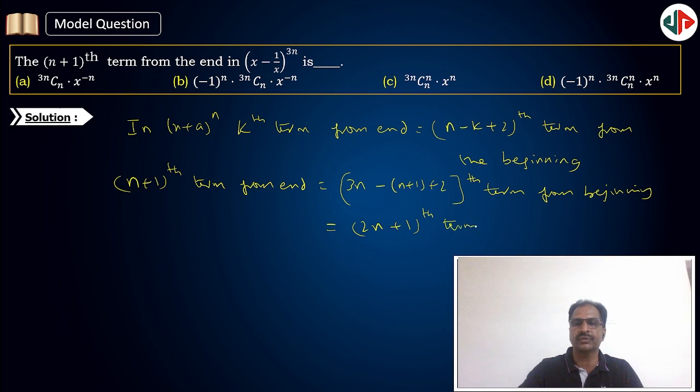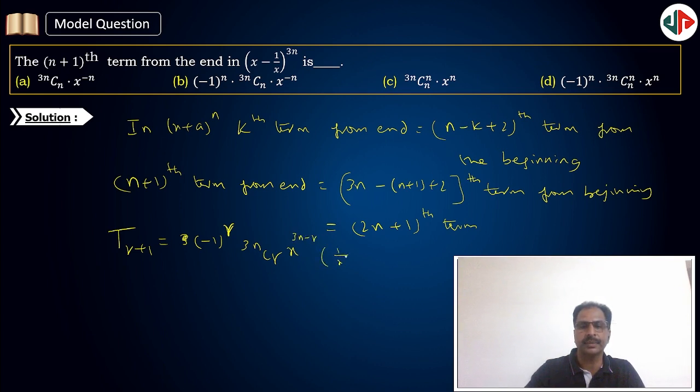So now the question is finding T(2n+1). For that, write the general term. When you have (x - a)^n, it is (-1)^r 3nCr x^(3n-r) a^r. To get T(2n+1), put r = 2n.